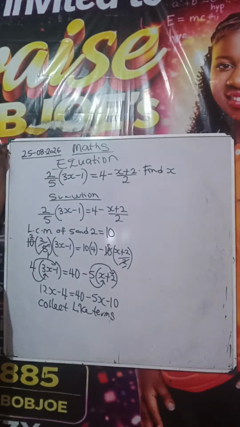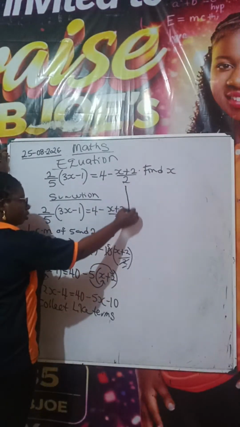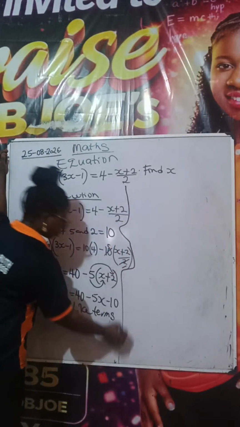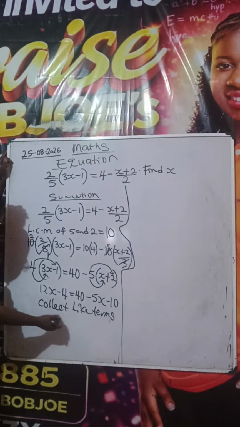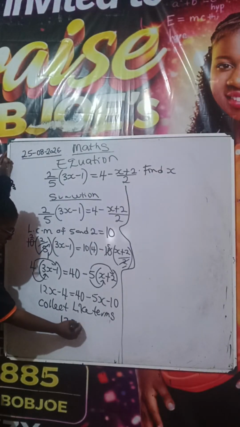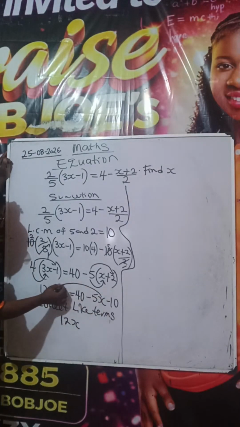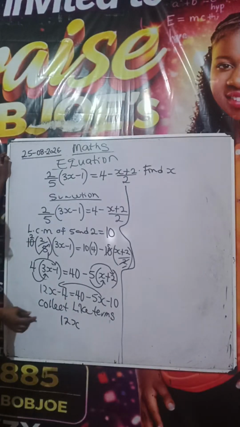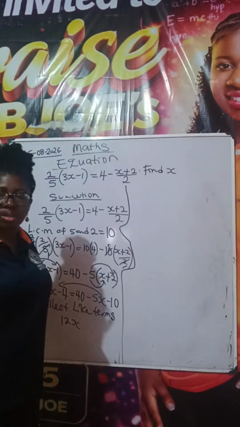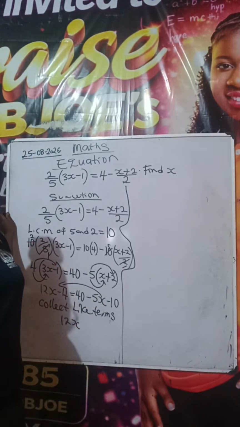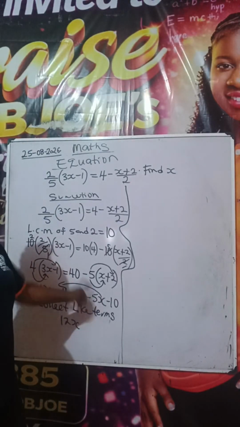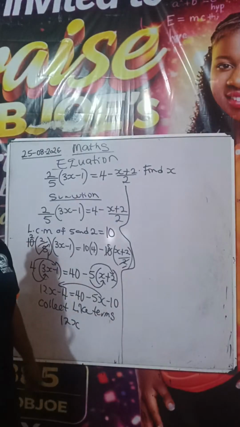So we are going to complete it here. I think we should come and do it here. So if we can see it, we have 12x. I'm bringing 5x to this side. Minus 5x, if I bring it to the left, will it be plus or minus?